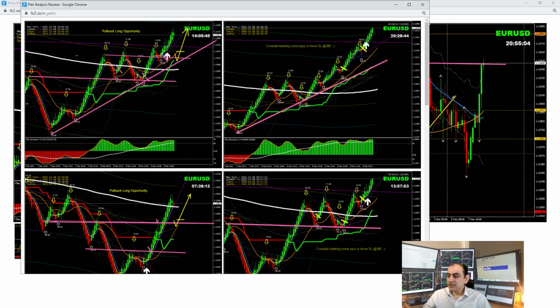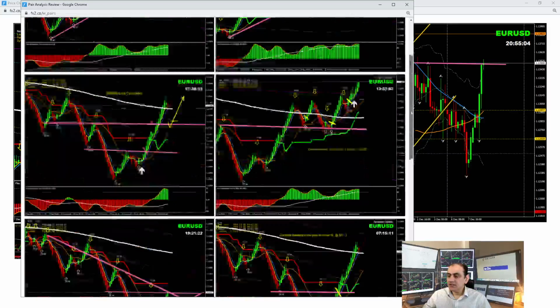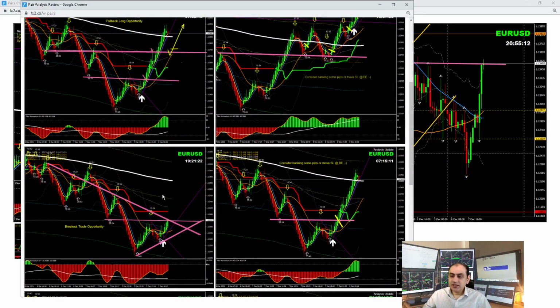If you look at here Euro USD, this is the analysis I did yesterday. Once we had this big move, target hit, banked beautiful pips. As you can see, once the price developed inside candle pattern with this candle, price developed a low and high, and I explained to my traders, if the price is going to break this previous high, then probably we're going to take a long trade here.